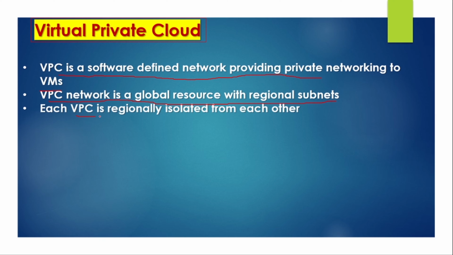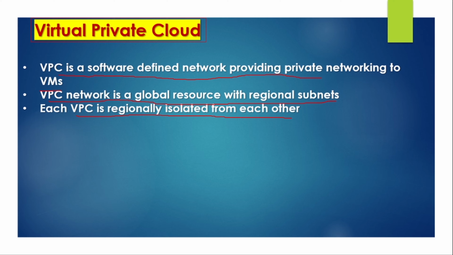Each VPC is isolated from each other, and this is one of the core requirements of a virtual private cloud. This means that one VPC cannot see other resources deployed in another VPC, because each VPC is running in its own isolated environment.